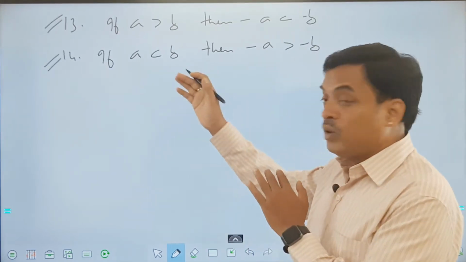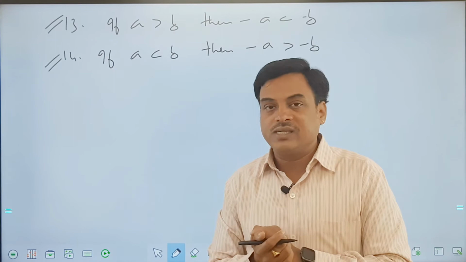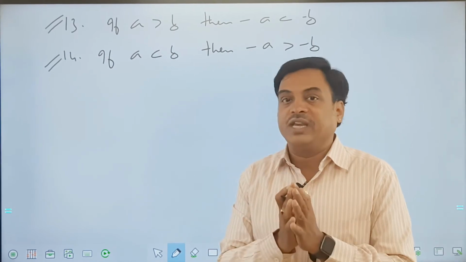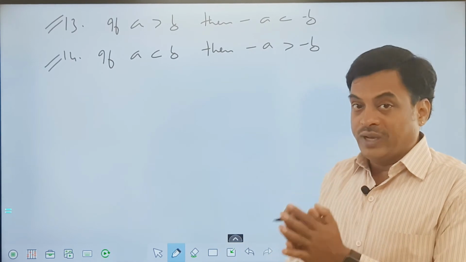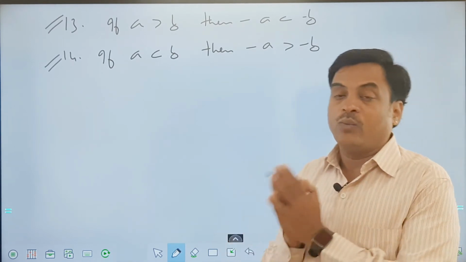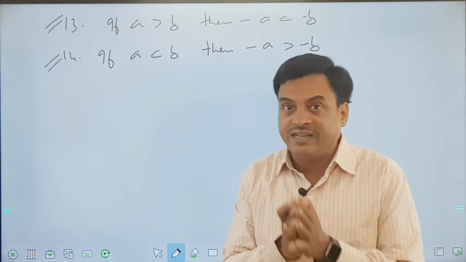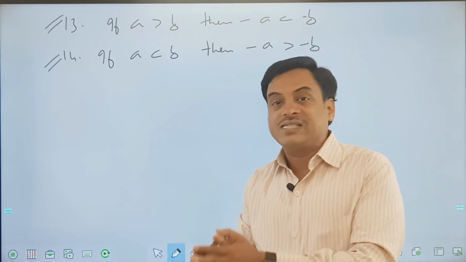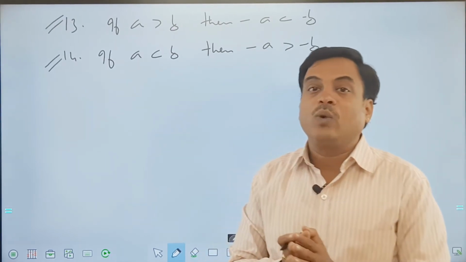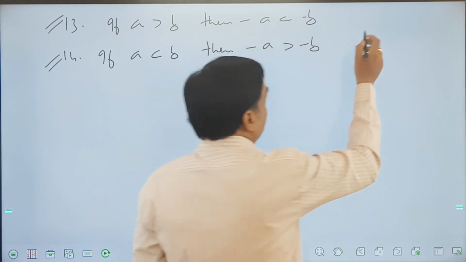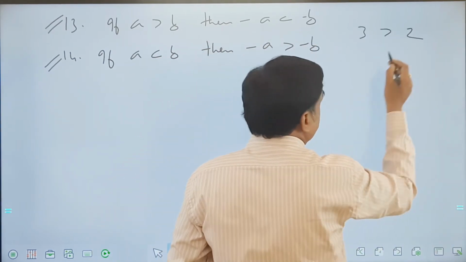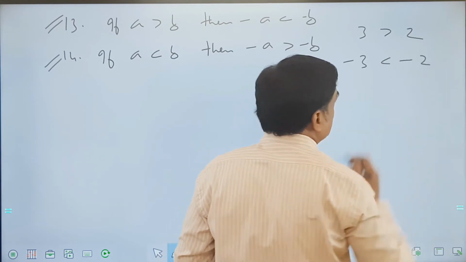So out of the 14 points we have discussed till now, where is the inequality changing? In your 11th, 12th, 13th and 14th points. When I multiply with negative values, or change the sign on either side, the inequality will definitely change. I gave you an example, 3 is greater than 2, and minus 3 will be less than minus 2 for sure.